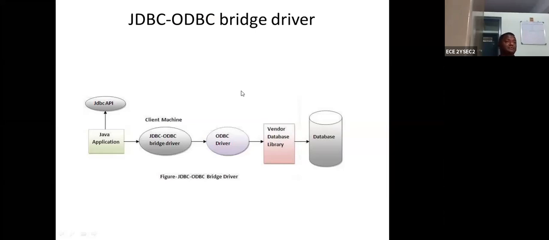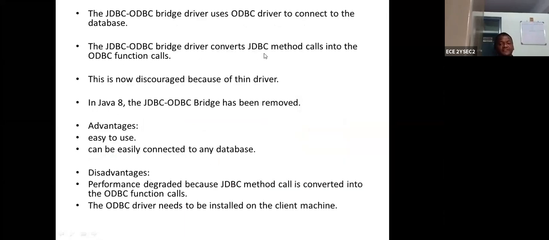To make communication between these two, the Java driver should first be converted into the ODBC driver. This is called converting JDBC method calls. I repeat, JDBC method calls can be converted into ODBC method calls.